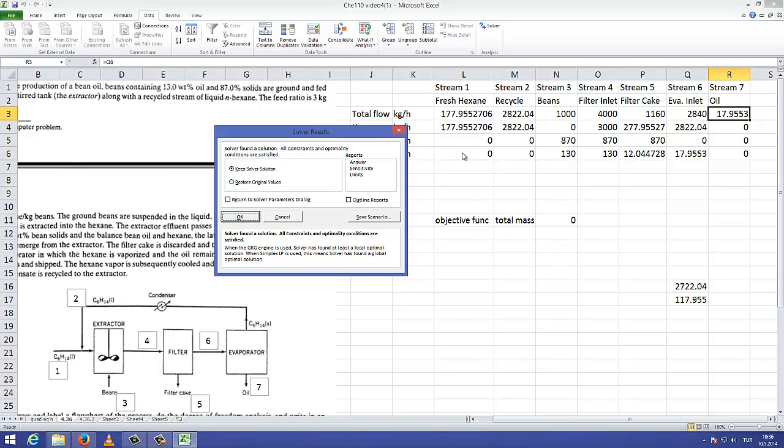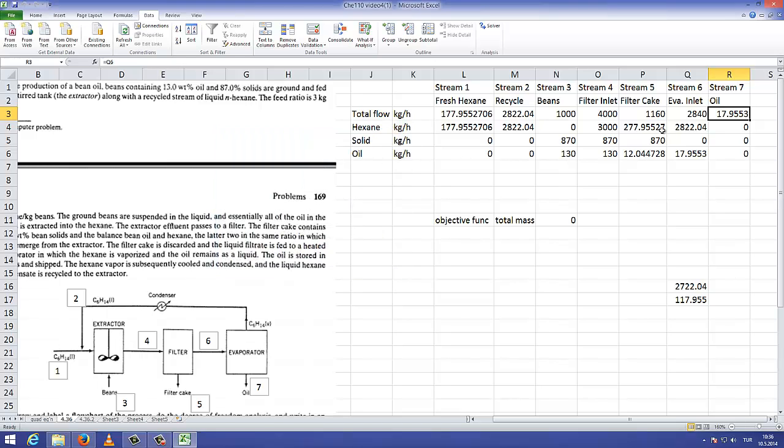But this is not correct. The constraint is set in such a way that if there is a way to make it 17.9553 and it's possible to solve this, it's going to solve it. So be careful about the constraints you have set. You might have a solution, but it may not be correct.